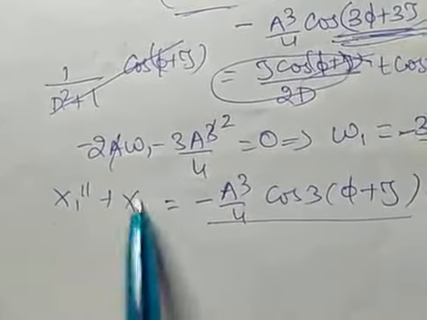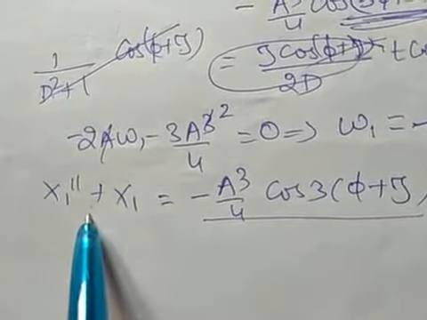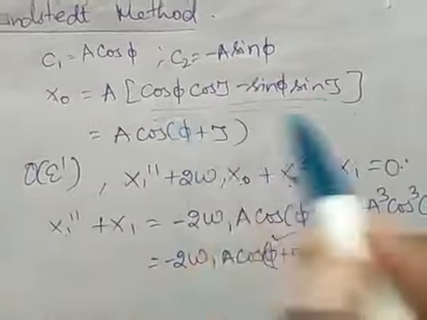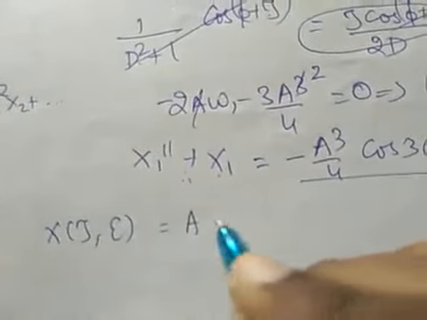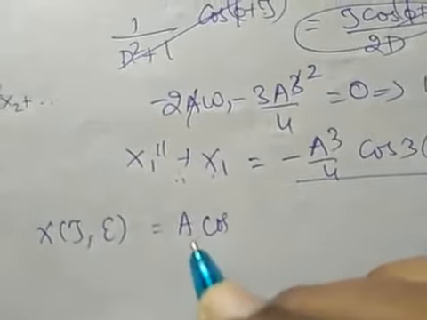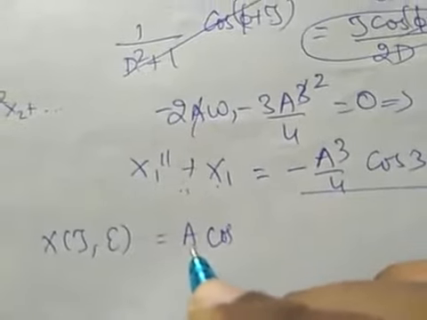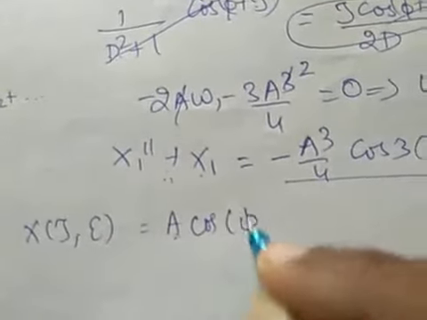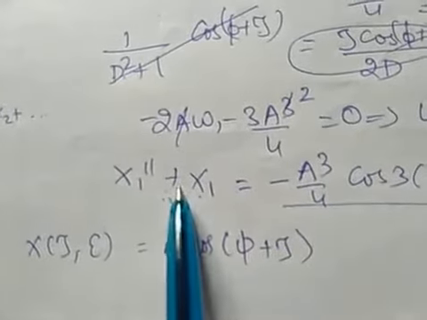So what is our complementary function? Again it is c1 into cos phi plus c2 into sin phi. A is some constant. When we group the terms, again we will get some other constant. Therefore we will get the solution of the form A. You can rewrite it as A1 also, one and the same. After all, A is also some constant, and A1 is also some constant. cos(phi plus tau). Here also the first two terms will be cos phi plus sin phi.